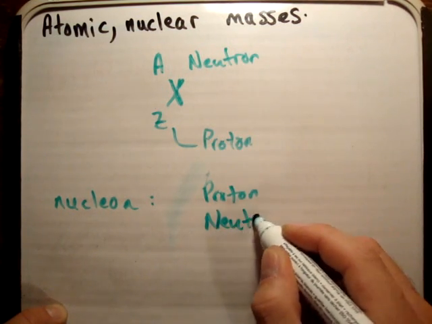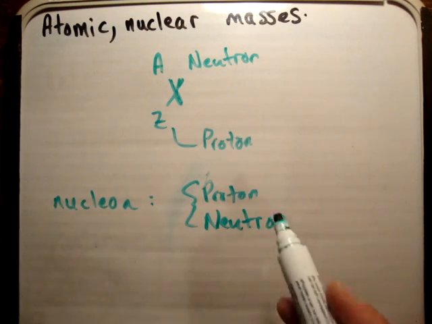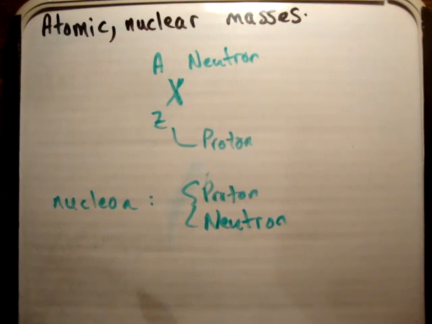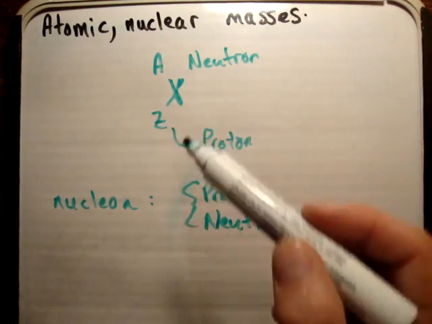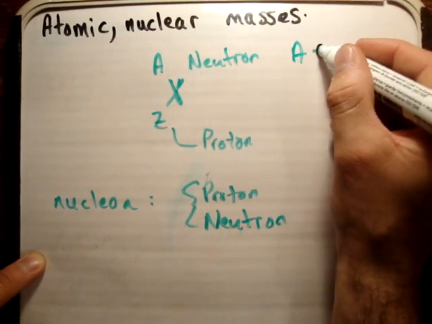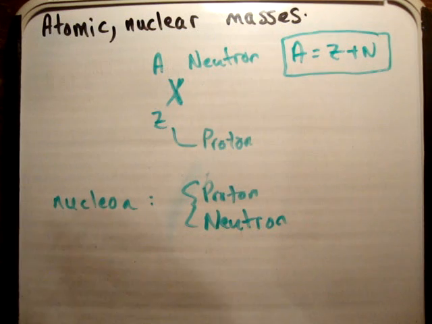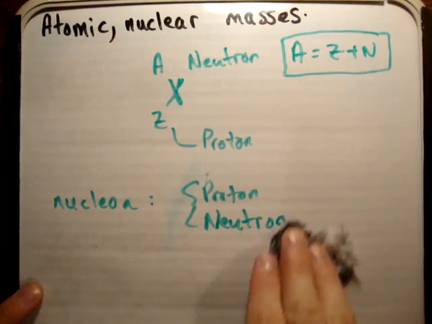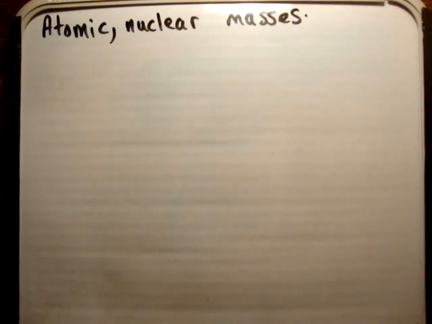These are the particles which make up a nucleus. That's why we call them nucleons. So there are two nucleons. So Z for protons, that's the total number of protons, N for neutrons, and A is the total number of nucleons. So that means that A is equal to Z plus N, the total number of nucleons, the amount of particles in the nucleus of an atom, which is the total number of protons plus the total number of neutrons. Alright, so that's just a small bit of notation.